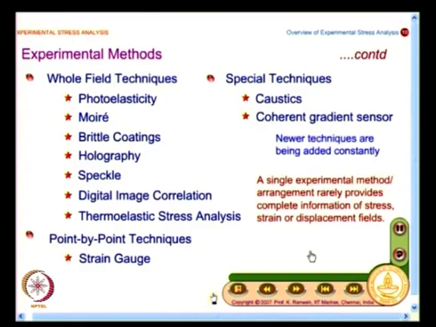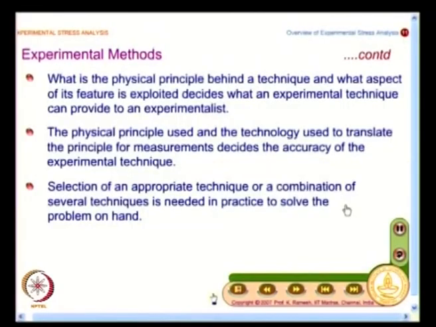If you are satisfied that that information is good enough, then one experiment is sufficient to get the answer you wanted. If not, you may have to use a combination of different experimental techniques and evaluate the parameters that you want for your analysis.